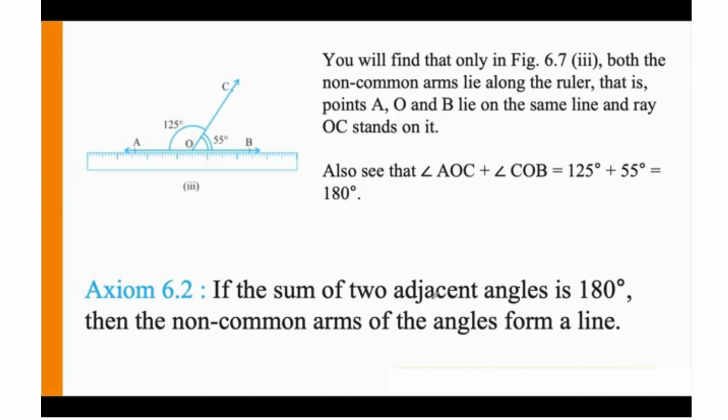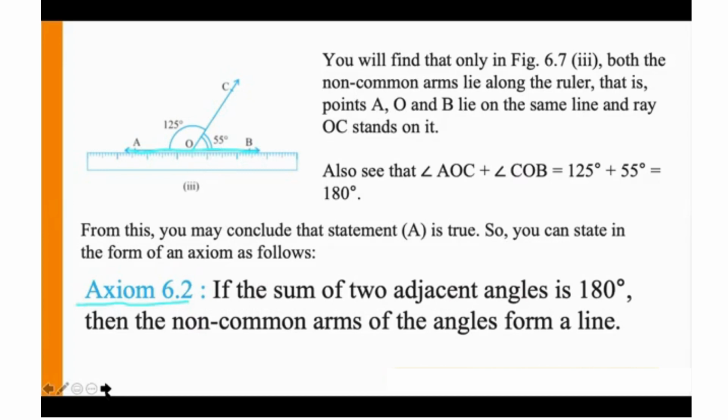And so, if the sum of two adjacent angles is 180 degrees, then the non-common arms of the angles form a line, which is taken as axiom 6.2, because it's correct. If the two angles form 180 degrees, then the non-common arms, which are OA and OB, will form a line. From this, we may conclude that statement A is true.